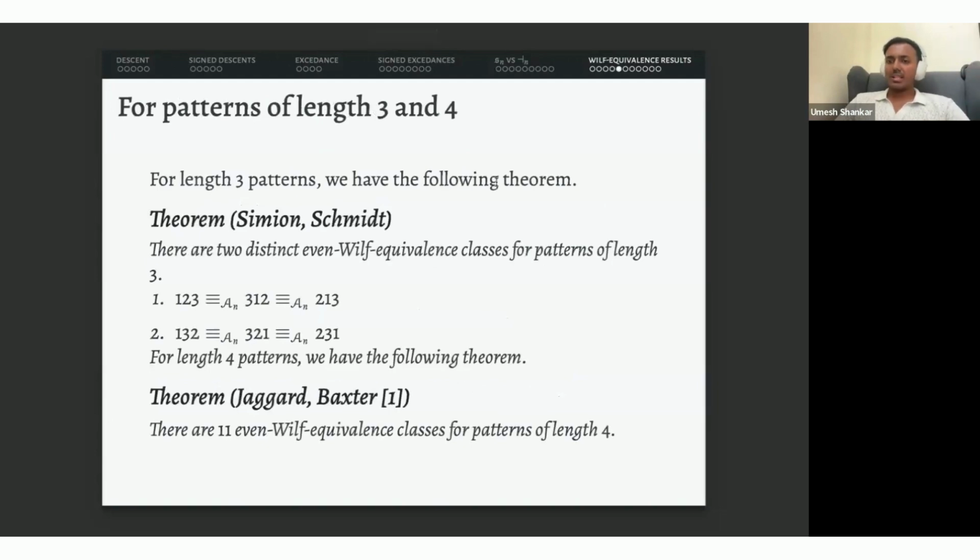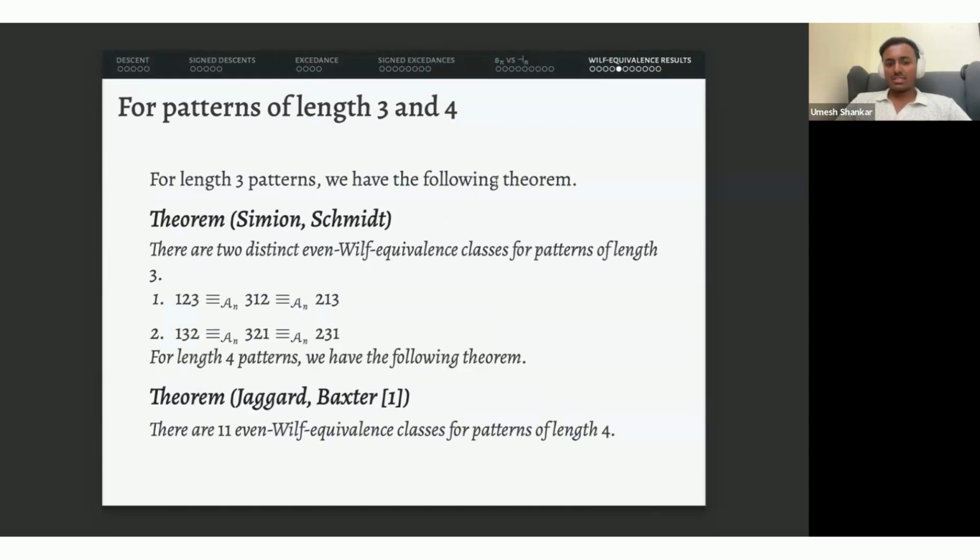This was proven by Simion and Schmidt: there are 2 distinct even Wilf equivalence classes for patterns of length 3, whereas we saw that there was only 1 over S_n for patterns of length 3.